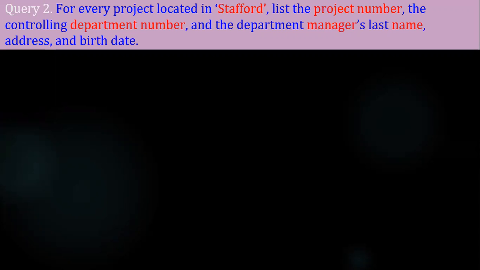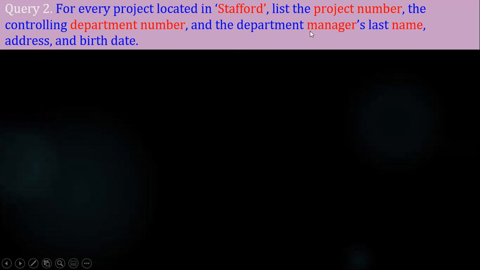Now here we need to find, for every project located in Stafford, the project number and the controlling department, the department which is controlling the projects located in Stafford, and then the manager of that particular department.